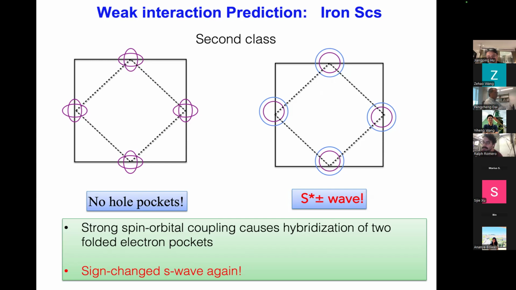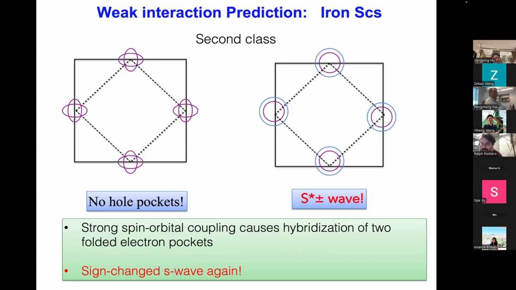It's not just one thing that determines it; it is also determined by the Fermi surfaces. So that makes sense why iron-based superconductors favor s-wave and cuprates favor d-wave. I don't know if I actually answered your question.